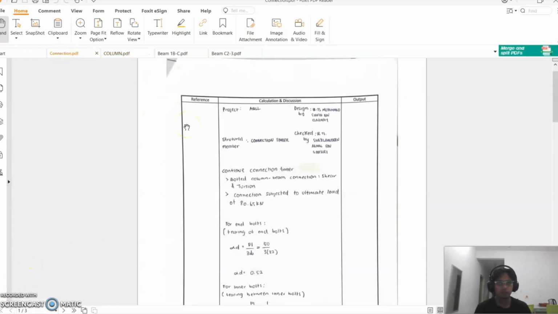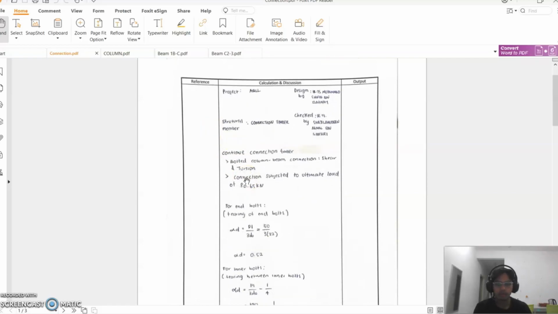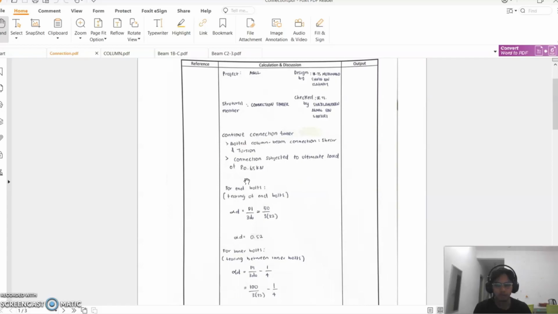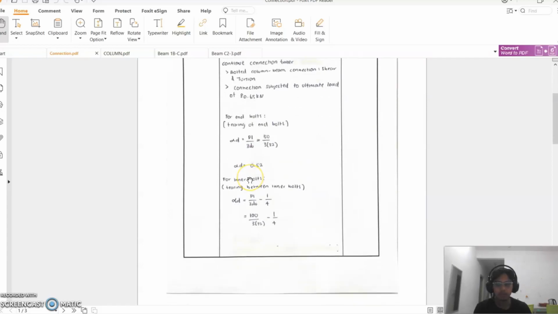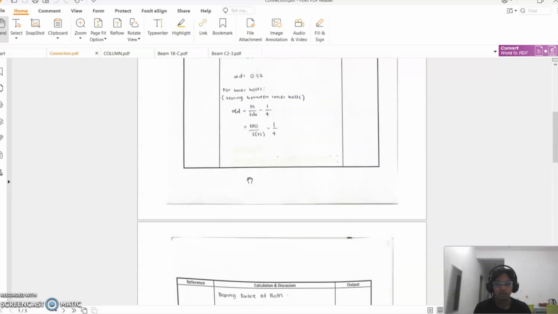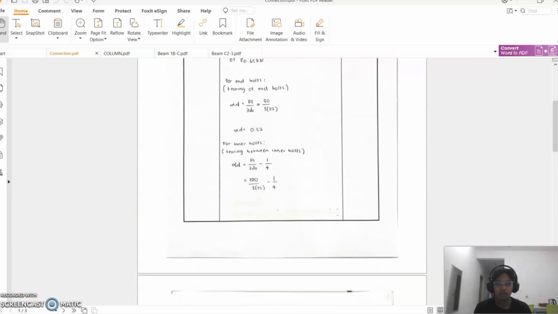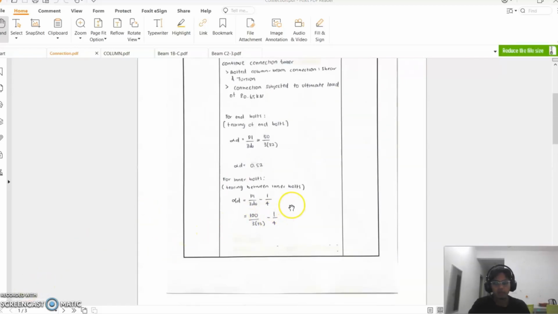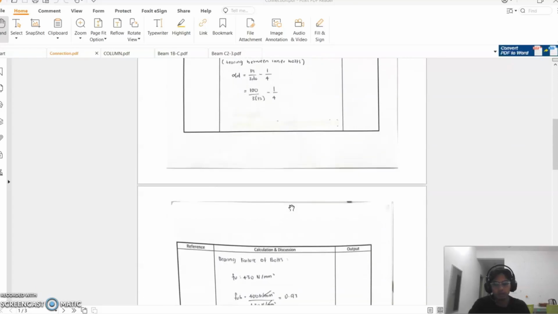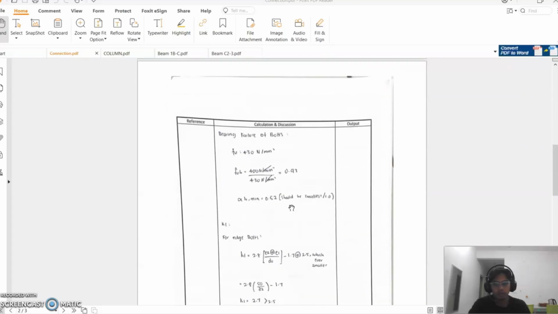I continue the connection with calculation from HAZRIN. For the end bolt, the value is 0.52. For the inner bolt, the value is 1.04. And we go for bearing failure of bolt.